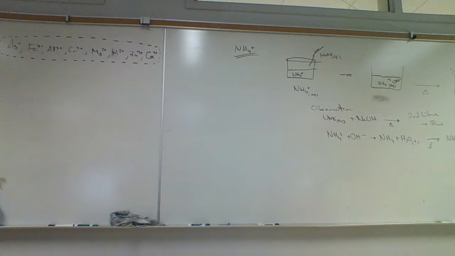We have a solution with these cations in there, and then we're going to test these. And the problem is this. We go through a sequence, and we have to do this in order. We cannot skip ahead or jump back easily because each step relies on the previous step.